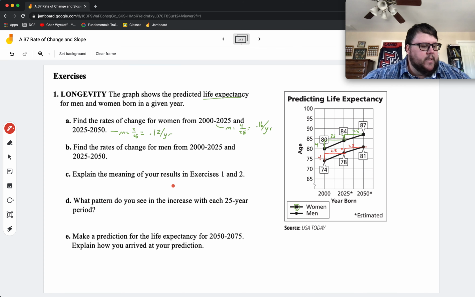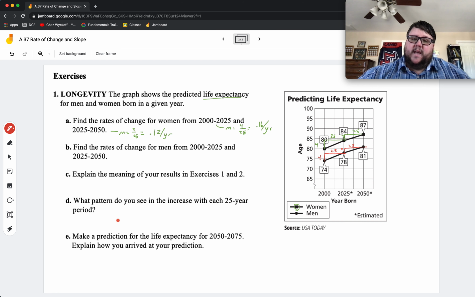Explain the meaning of your results in exercises 1 and 2. What you're going to realize is that they have the same 4 over 25 and 3 over 25. They have the same rates of change, but they weren't consistent all the way through. So the life expectancy rate of change for 2025 to 2050 was a little bit lower.